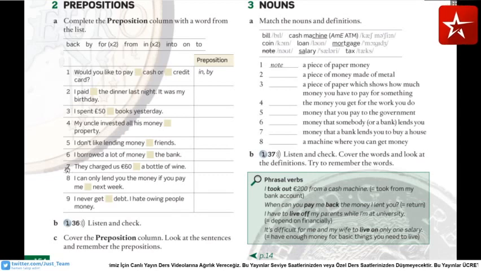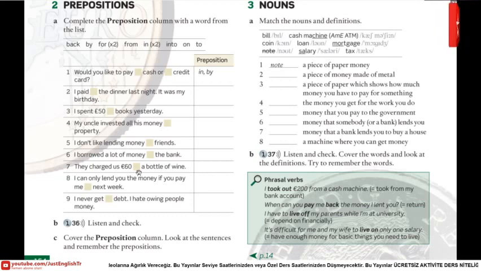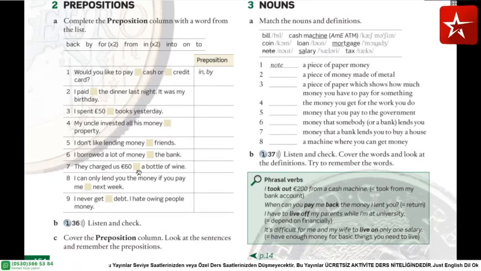Thank you. And number 7, they charged us 60 euros. Charged and what? After charge, which preposition should we use here? You can tell me.